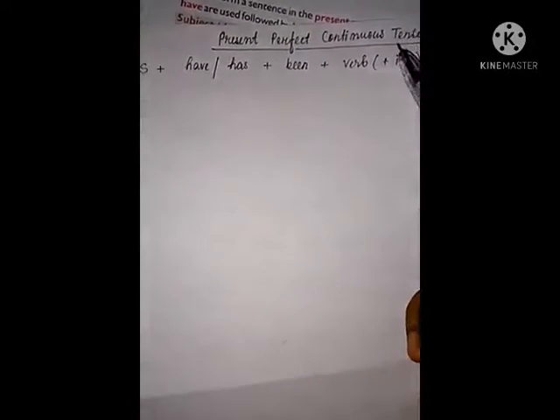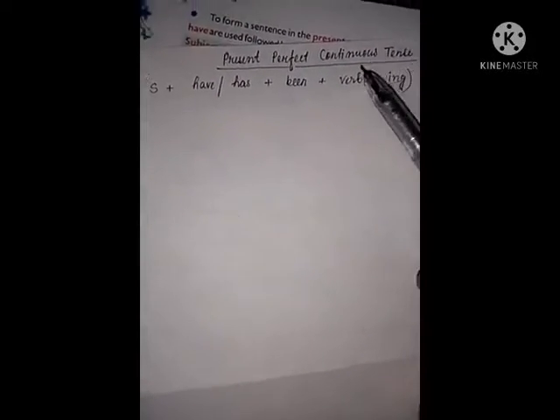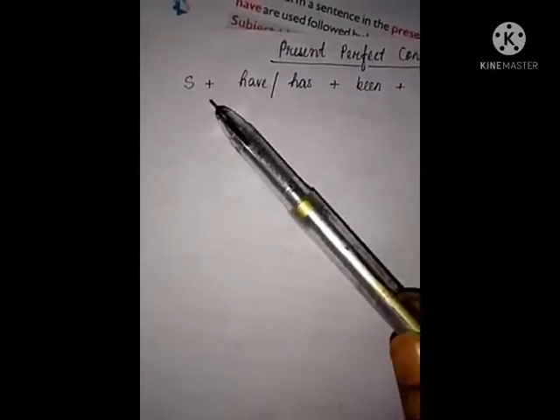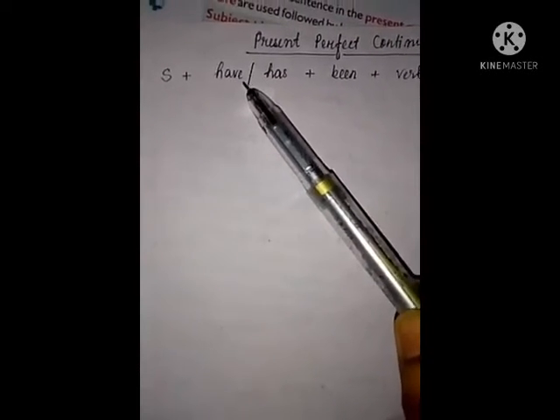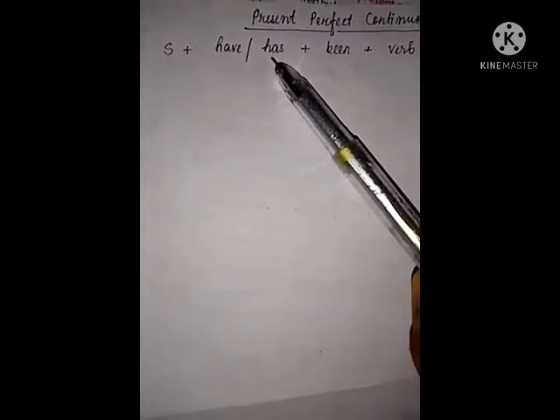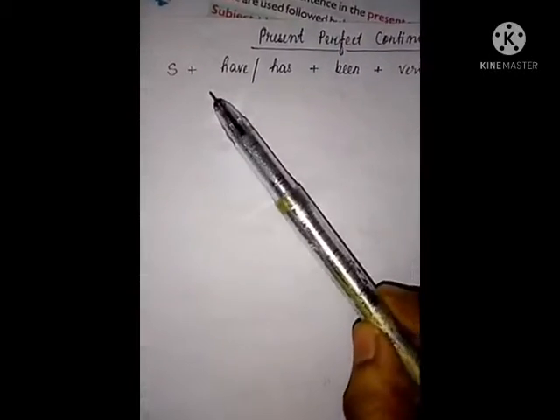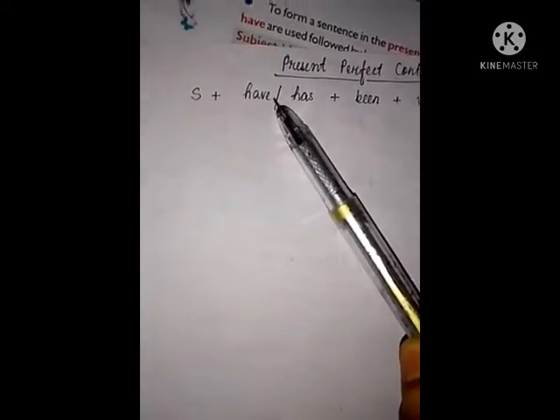Okay, to make sentences in present perfect continuous tense you have to know the formation of the sentences. How? See, first you have to go for subject plus you have to use have or has. In our previous class I have told you with which subjects have is used, with which subjects has is used.